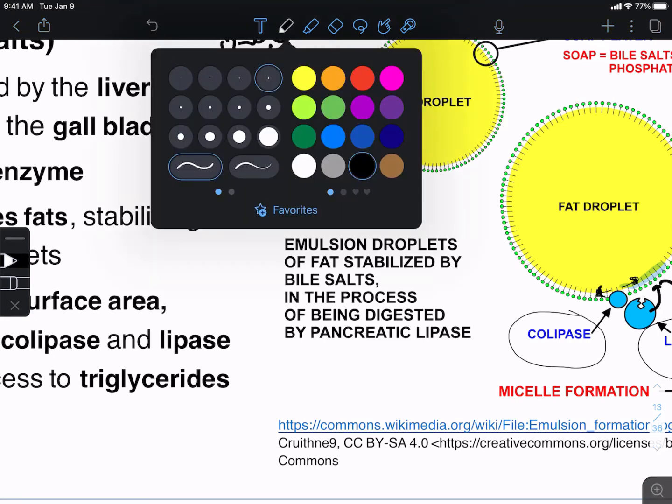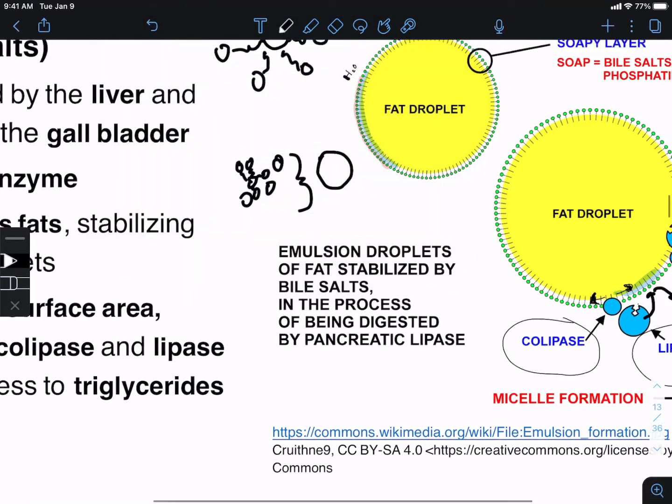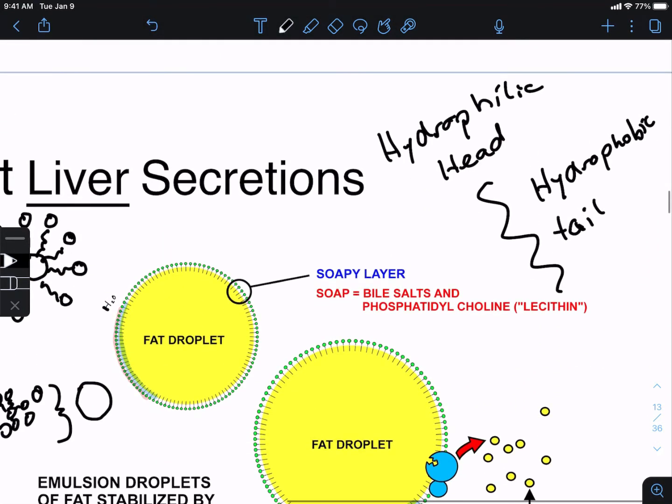By the way, the molecules that have a dual nature, such as soap, phospholipids, etc., molecules that have a hydrophilic head and a hydrophobic tail, we refer to these as amphipathic molecules. And that simply means two paths, more than one path.